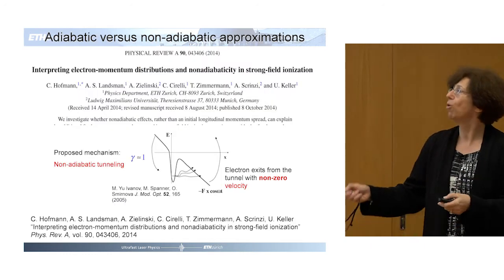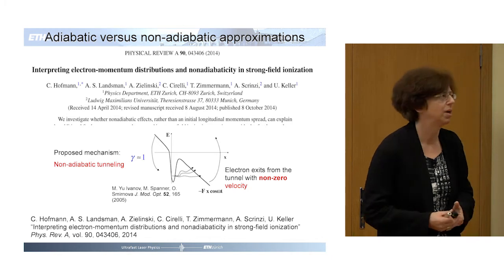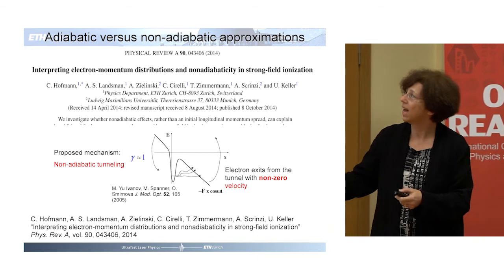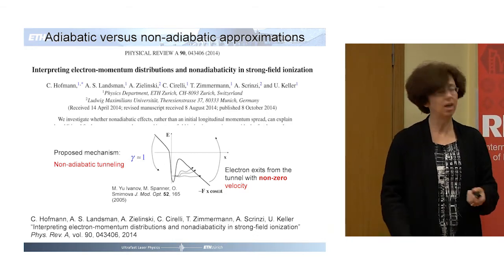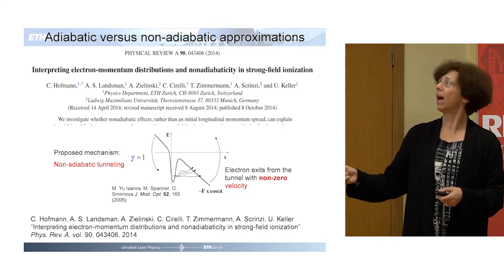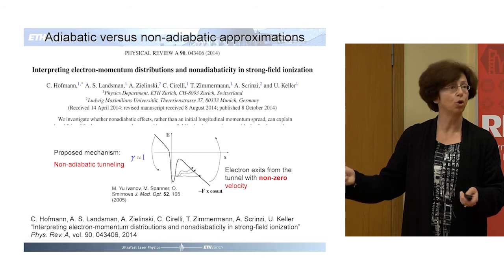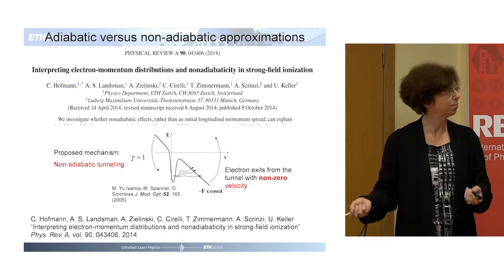We also used the adiabatic approximation. What do I mean by that? I assume that this tunneling is so fast that I can assume a static tunnel barrier. What happens if, during the tunnel process, the electron absorbs one of these photons and comes out at a slightly different place?